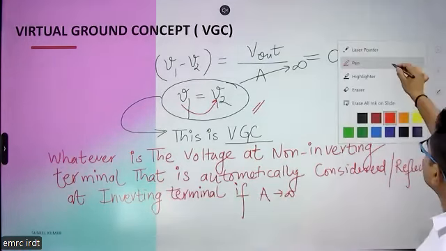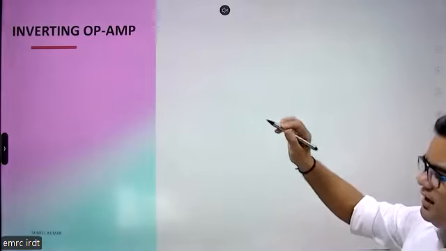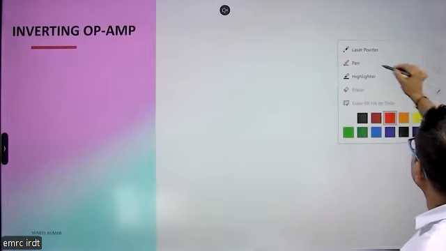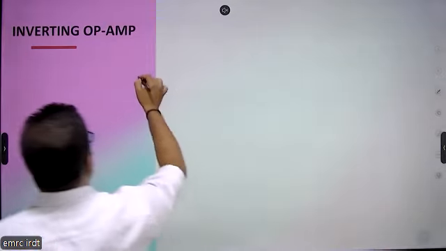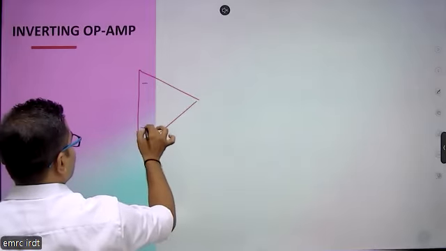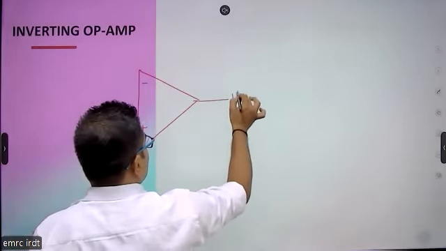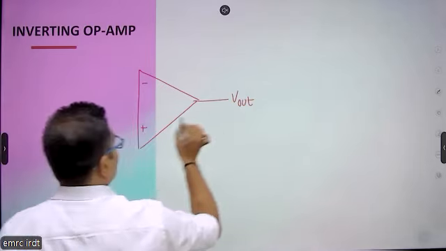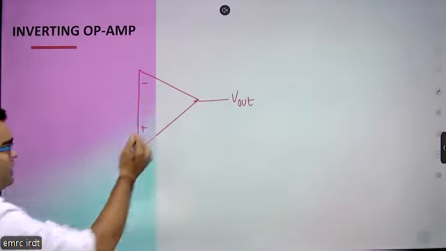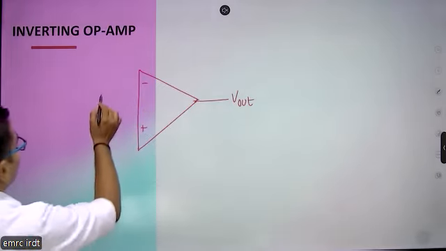Now we can do the analysis of the inverting amplifier. So this is the circuit, minus, plus. This is V output. This is very important to understand because we will do similar analysis for all kinds of circuits.